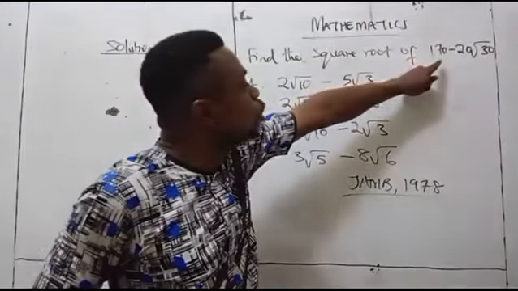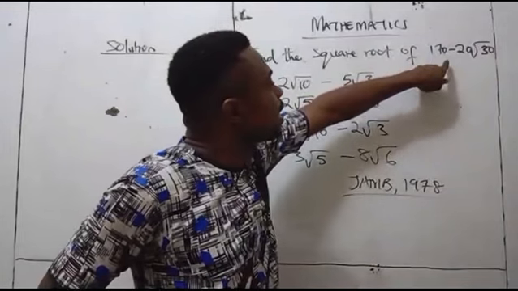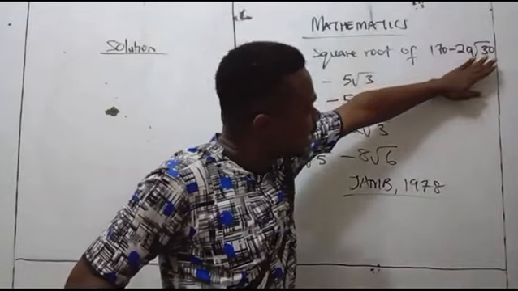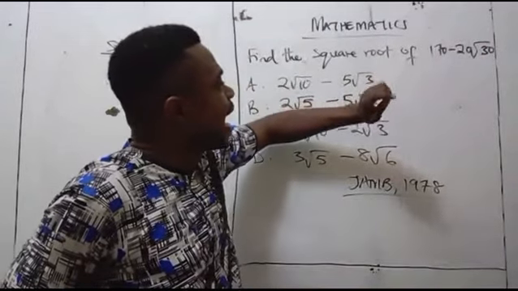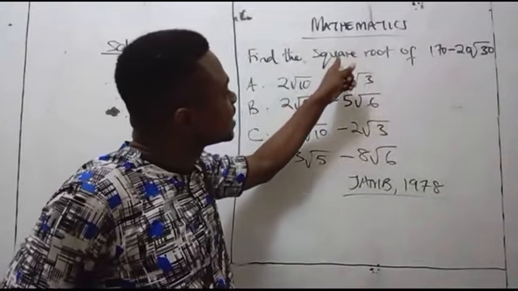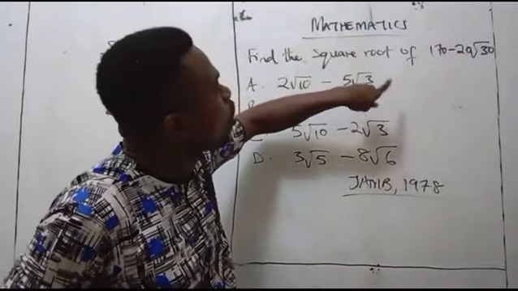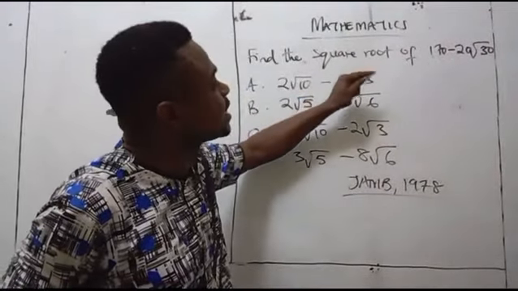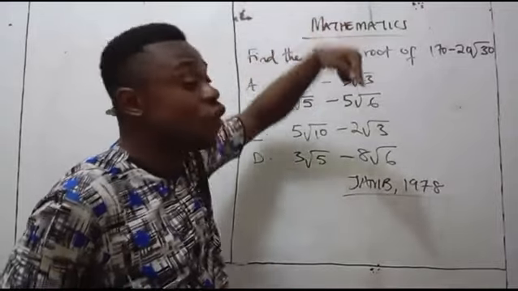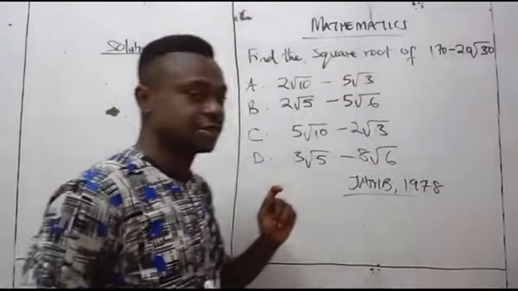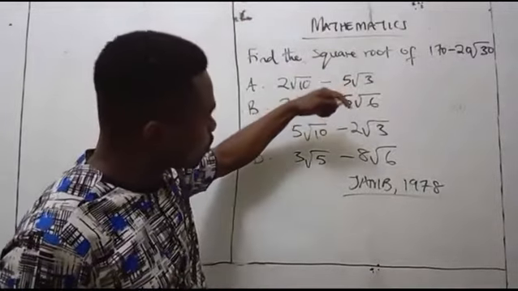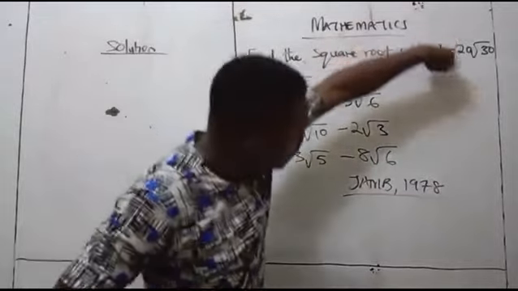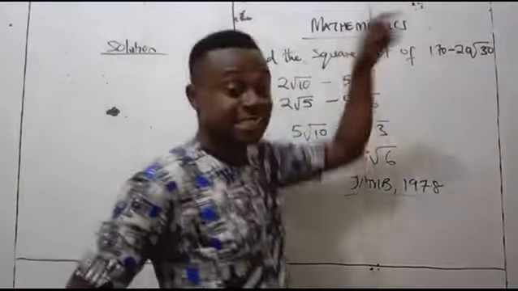So we will get a surd such that the square of that surd will be equal to this, since the square root of this is that surd.